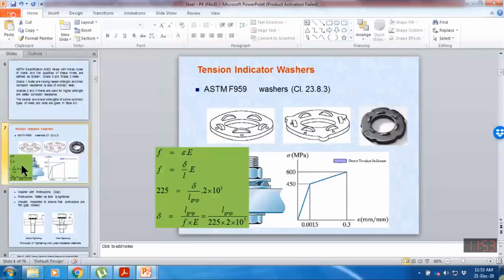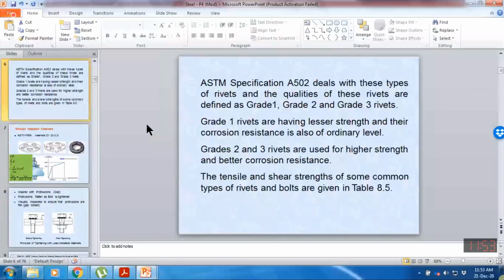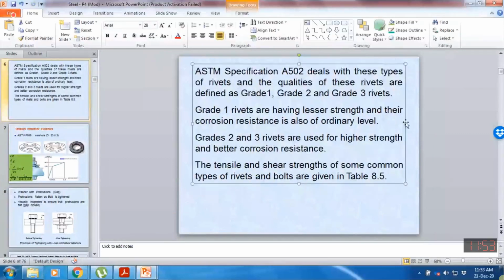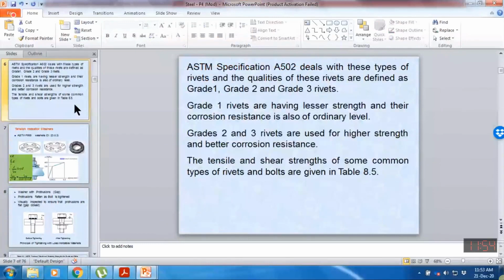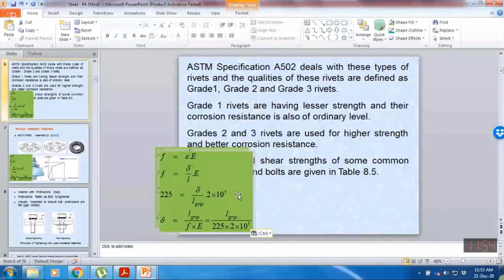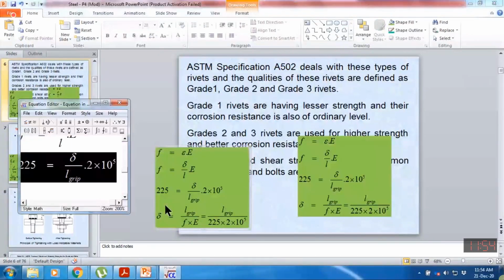So the length of the grip I know, stress 225 megapascal, so kilonewton I need to multiply by exponent 3 here. Here this stress value will be in kilonewton, so I need to multiply further by 1000 to convert into Newton.